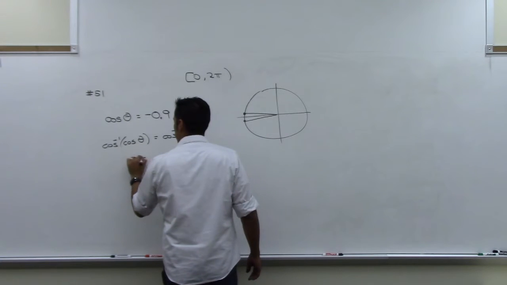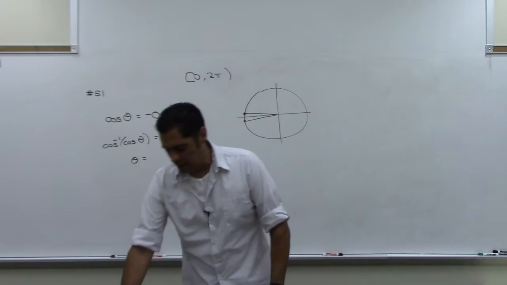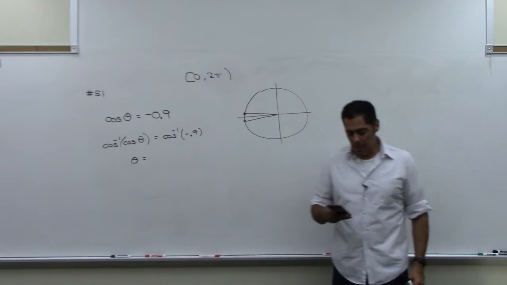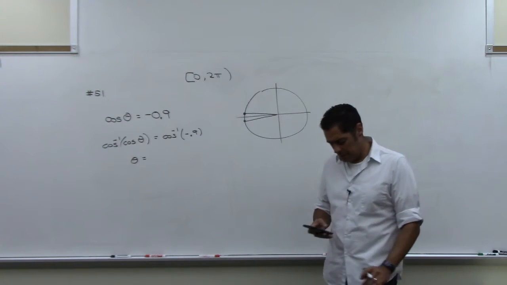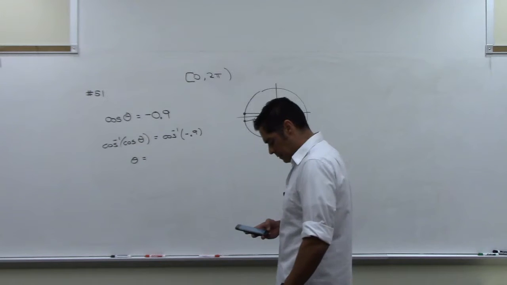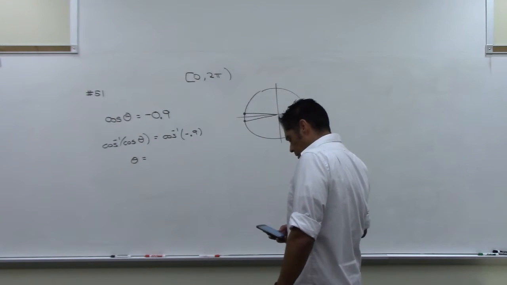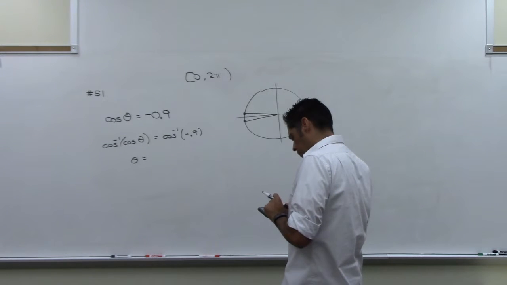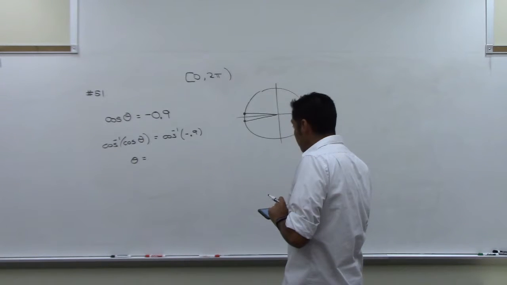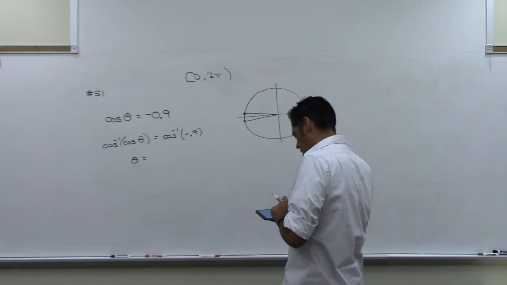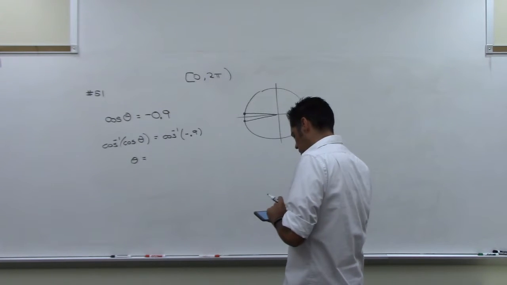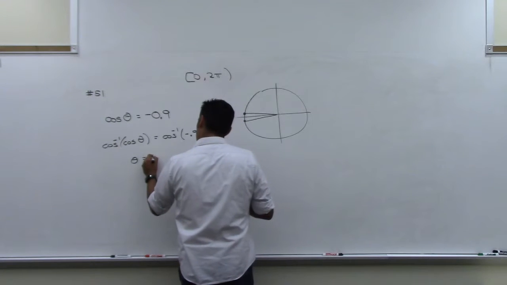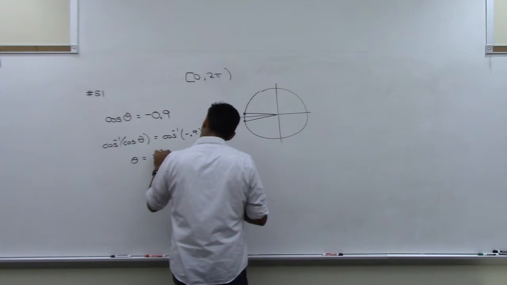And this would give us theta, and this would give us something on our calculator. Let's see here. And I'm going to do this in radian mode. All right, so here we go. I'm going to do arc cosine of negative 0.9, and I'm in radian mode, and that equals 2.69 radians.